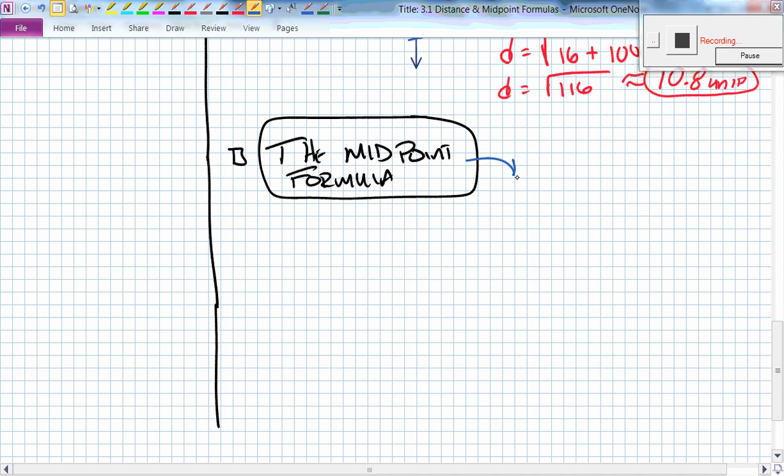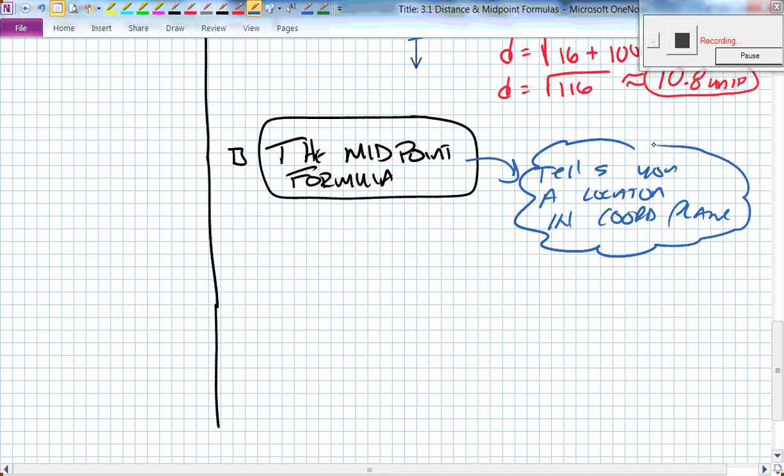The midpoint formula tells you a location in the coordinate plane. That is important. If I ask you for the midpoint and you give me 9 units, I know you have no idea what you're talking about, okay? So the midpoint formula gives you a location in the coordinate plane.